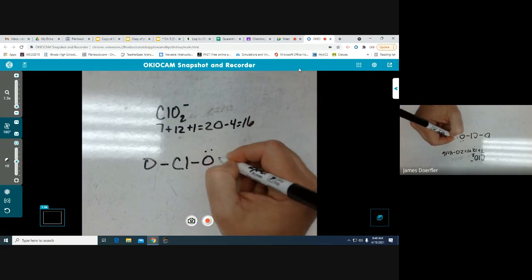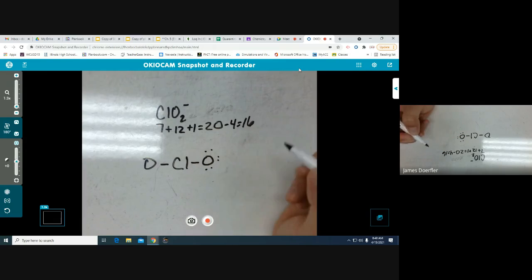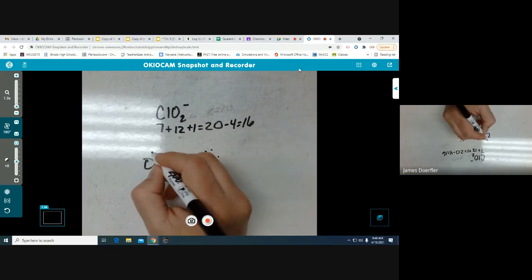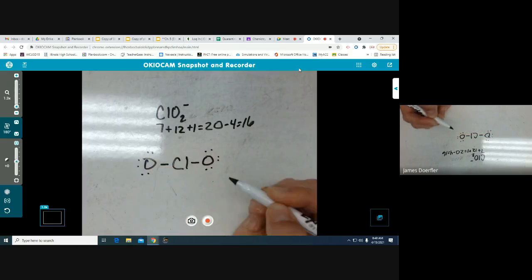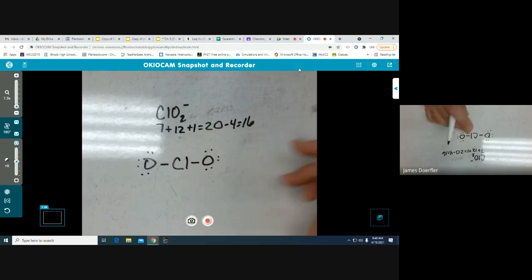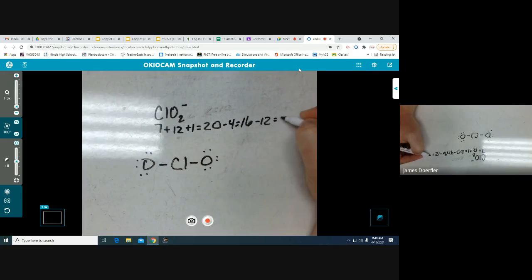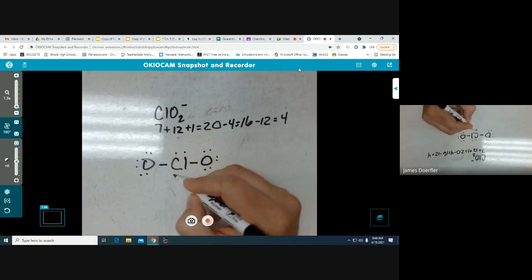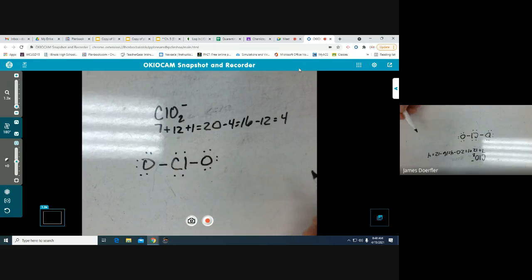So for 6 on the oxygen, 2, 4, 6 on that oxygen. And so I just used 6 plus 6 is 12, which leaves me with 4. Where do these remaining 4 go? They go on that central chlorine atom.